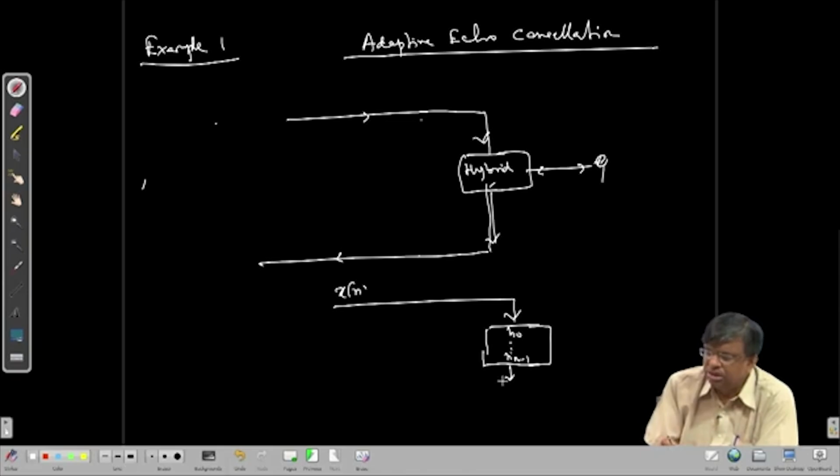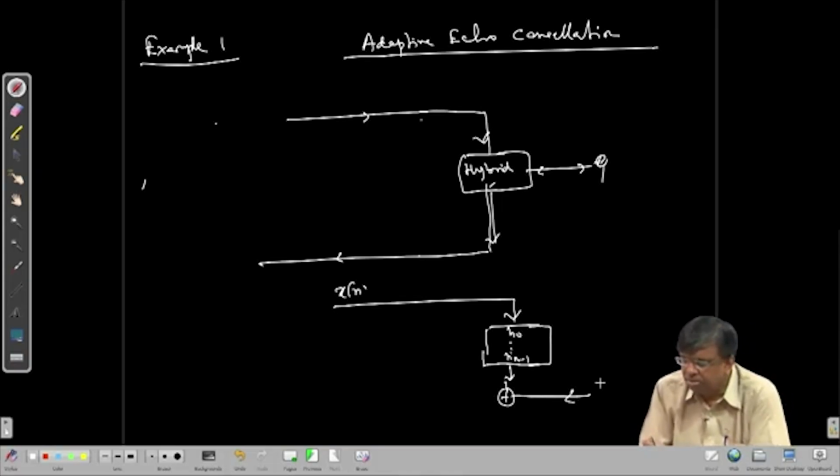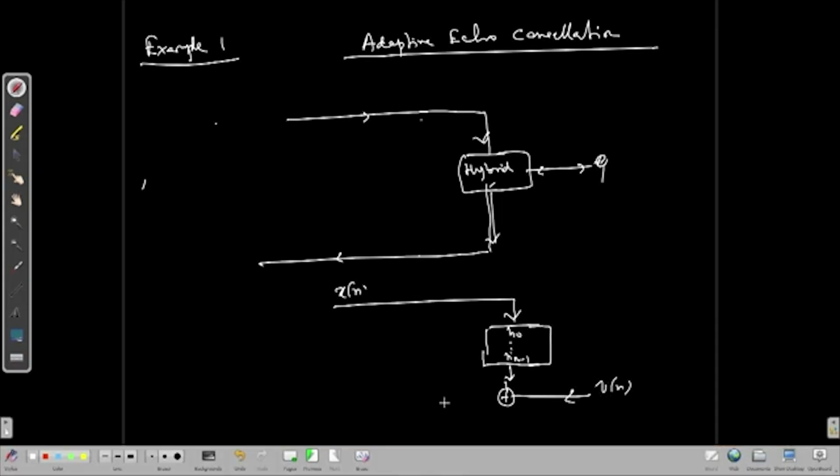This is the leakage component, and that gets mixed with this fellow's speech. So this fellow's speech is coming here like this, maybe V n. So what goes out is this component. Let this component be U n. So this is the leakage disturbance. U n plus V n goes out in this direction.